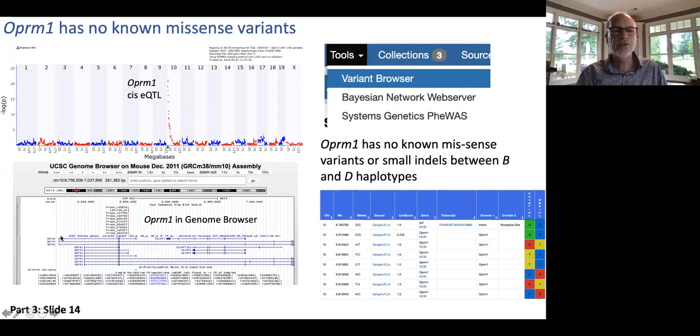It's a monster gene. Well, not monster, but it's 280 kilobases in extent, so a lot of variants there could impact expression. There are no missense mutations based upon our variant browser. There are some variants, obviously, but they're intronic and nothing too exciting.